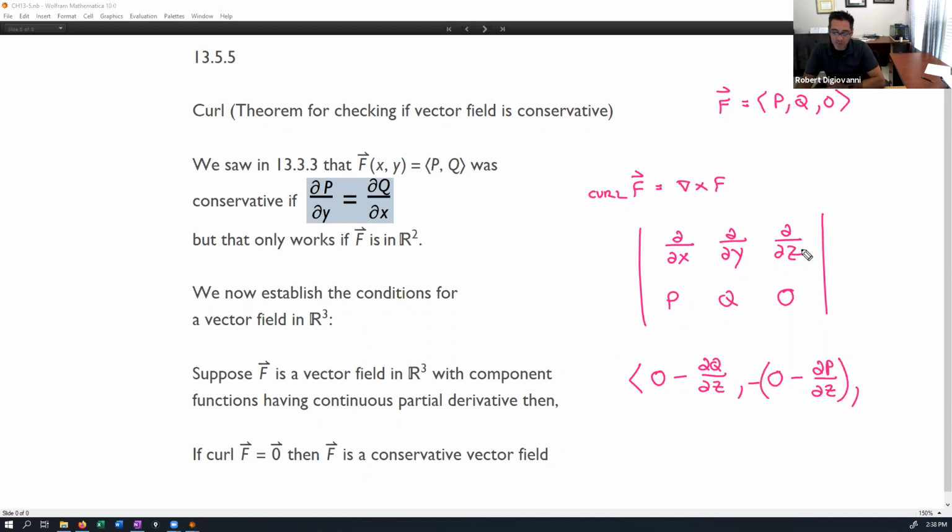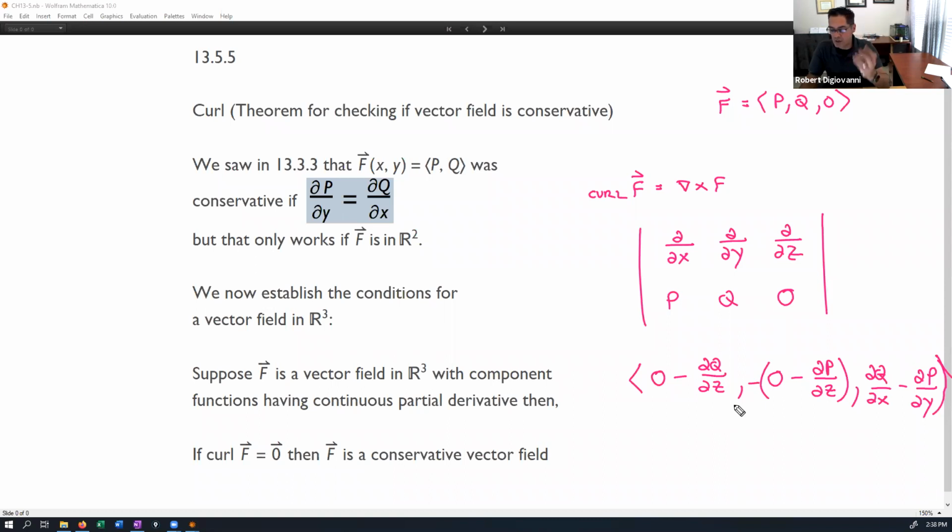And then the last one, cover this up. This is the partial of Q with respect to X minus the partial of P with respect to Y. Close the vector out. Y'all see that?